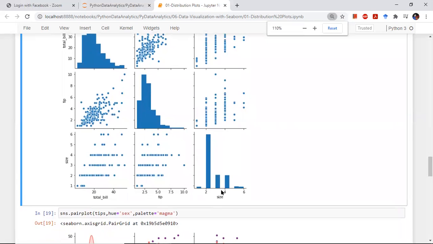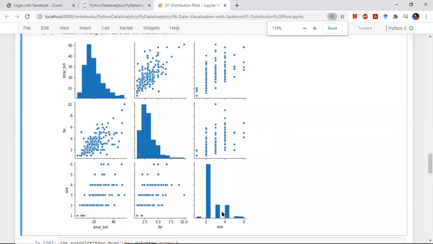And for size, I can see that most customers came with a size of 2, okay. This graph shows that the most common size is 2. So if you go at any time, you will find more customers who came as a pair. Maybe they are a couple, or maybe they are two friends.